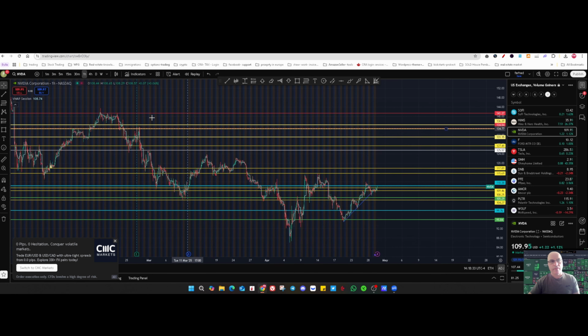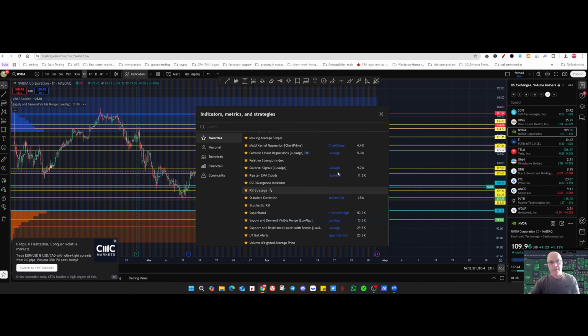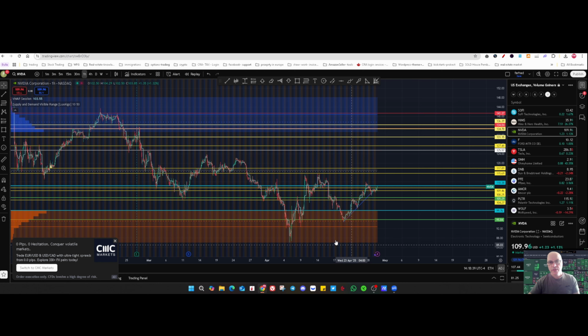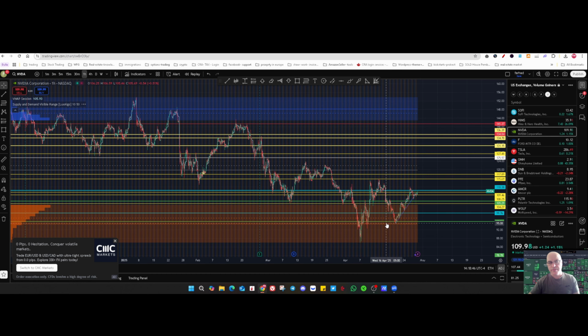So, supply and demand. As you can see, this area that is red is basically your supply or demand, and this area is supply, where most people are trying to get rid of their position or sell.